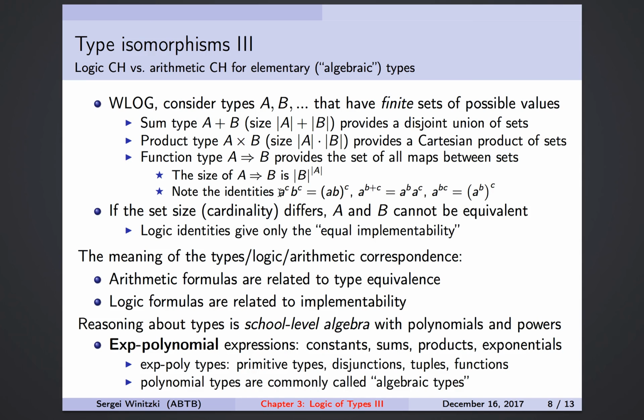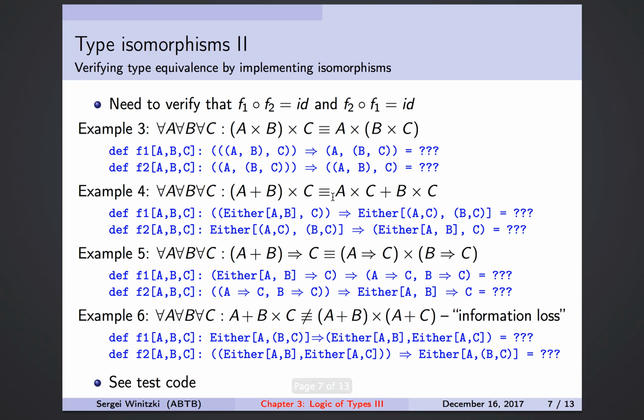Also note the curious identities that I listed here. These are identities related to powers. These are arithmetic identities. Each one of them gives rise to a type equivalence if you translate it according to this formula. So a to the power of c corresponds to the function from c to a, and this is the product, so that corresponds to a tuple. And so here, for example, we have this identity, which we verified in code.